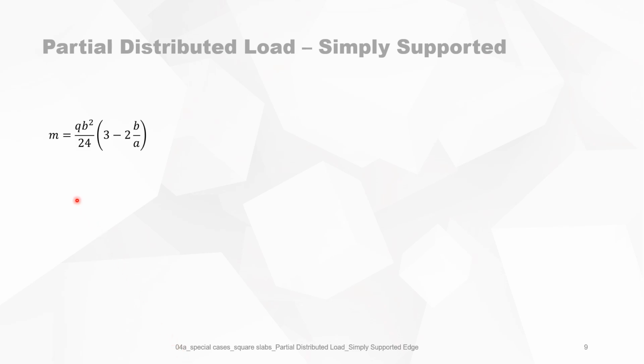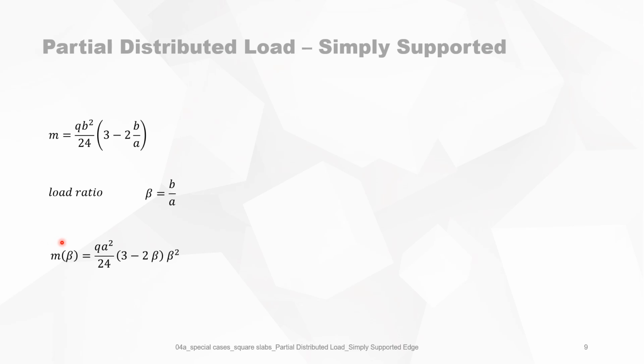Now we can formulate the general formula in a different manner. We will use the load ratio, which is beta, and it equals B over A. So beta is 1 when the slab is completely loaded, and beta is 0, or very small, let's put it this way, when there is a point load only in the center of the slab.